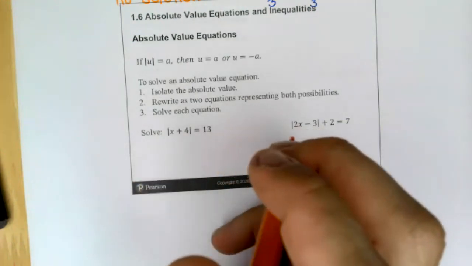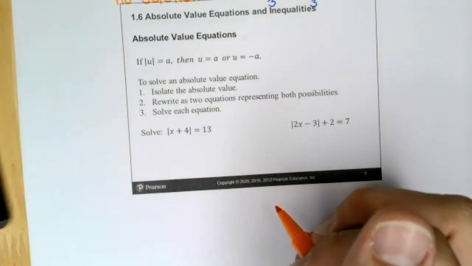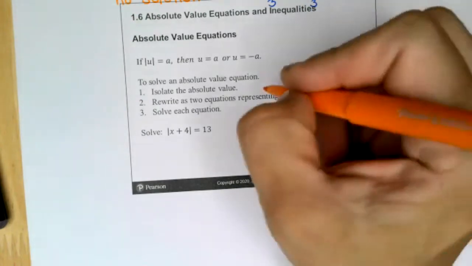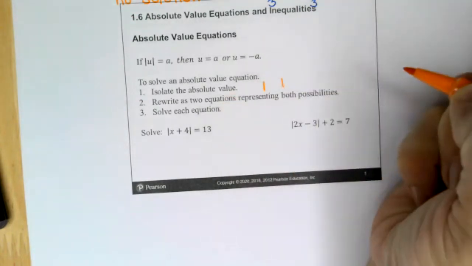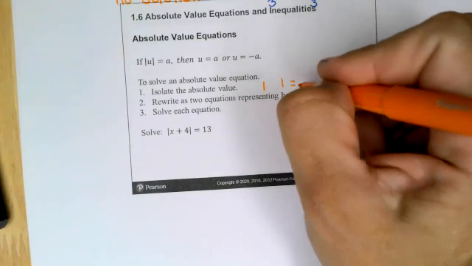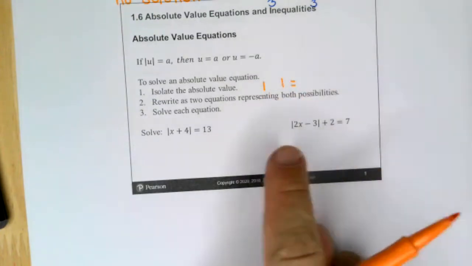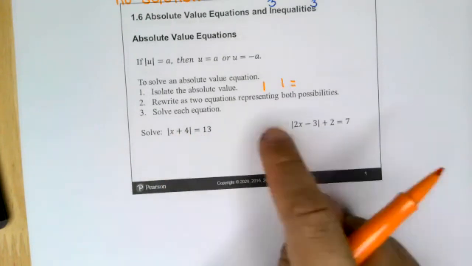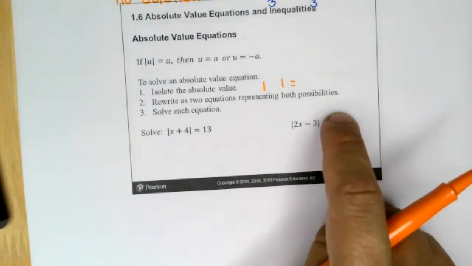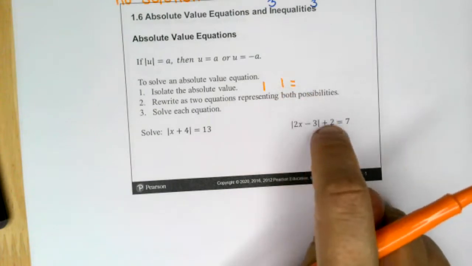Here are the steps to solve the absolute value equation. First, isolate the absolute value. That means you want this alone equal to something. Okay? This is isolated. This is not isolated because you have the 2 on the same side as the equal sign.